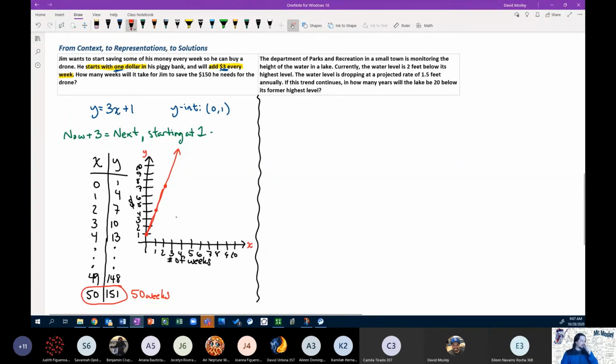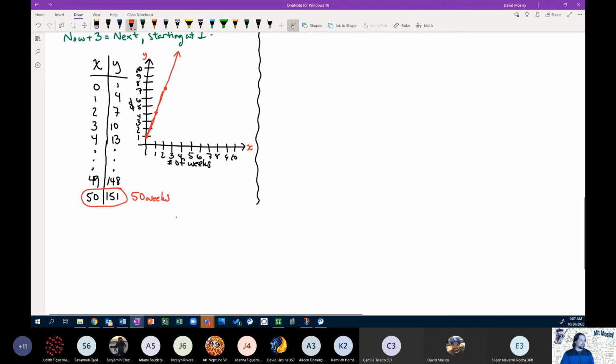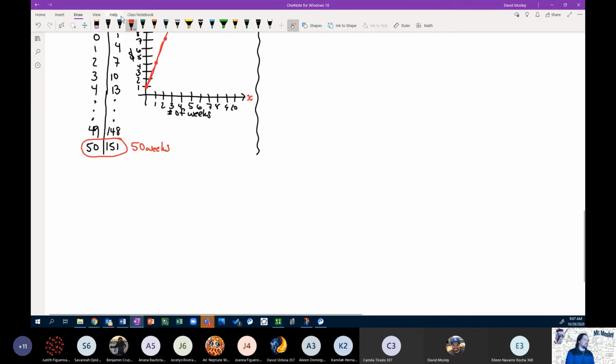Our other possibility here is to actually solve the equation for the value of y that we want. What that would look like is, in our rule where we have y equals 3x plus 1, we would change y for 150, because that's the value I want my equation to be equal to.